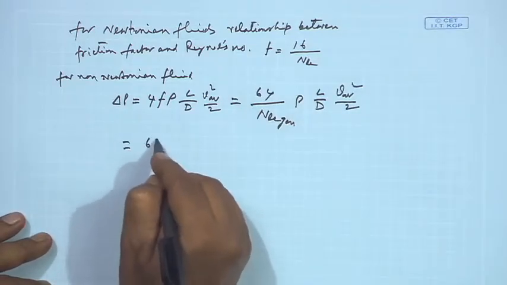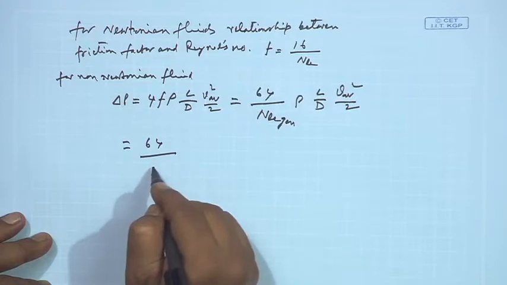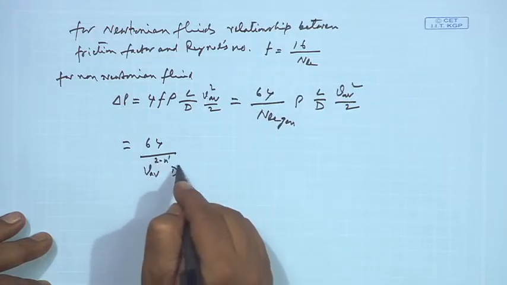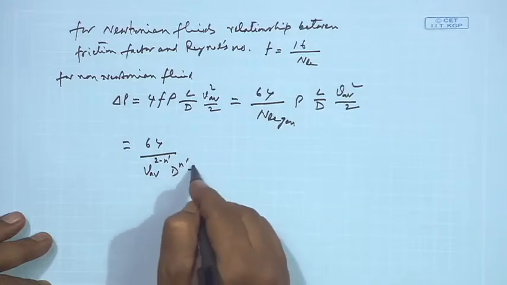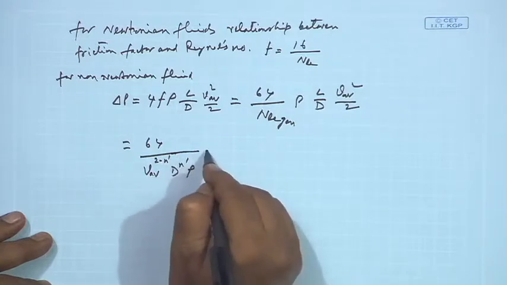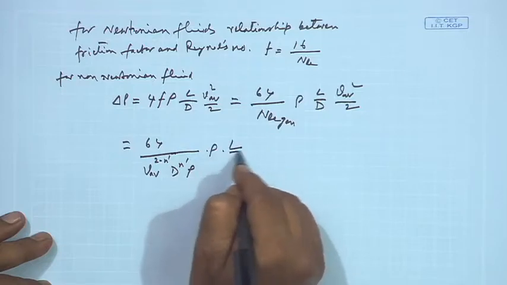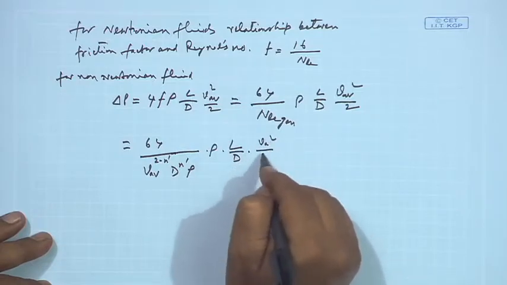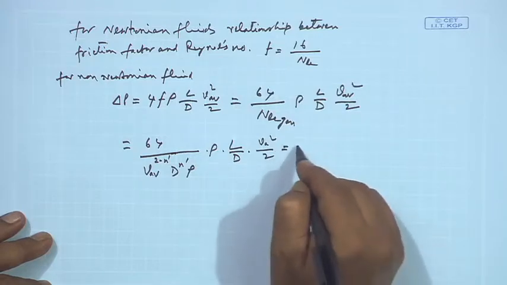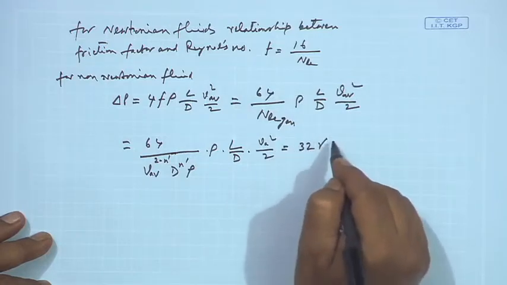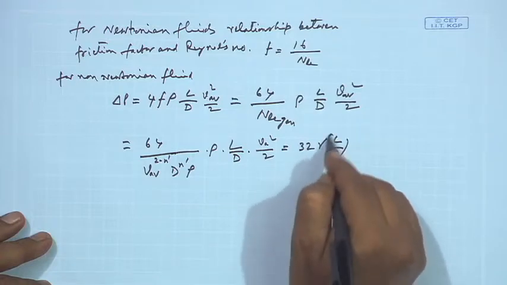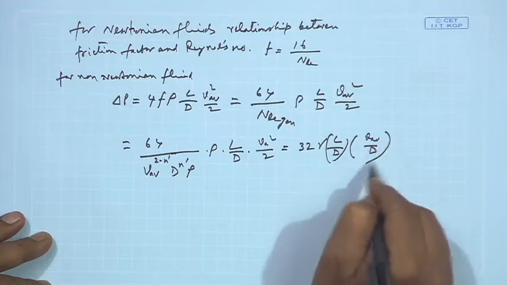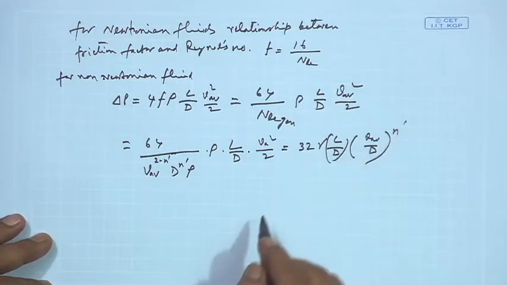This we can rewrite as 64 over V average to the power 2 minus n prime, d to the power n prime, rho into L by D into V average squared by 2. So, this becomes 32 gamma L by D into V average by d to the power n prime, right.